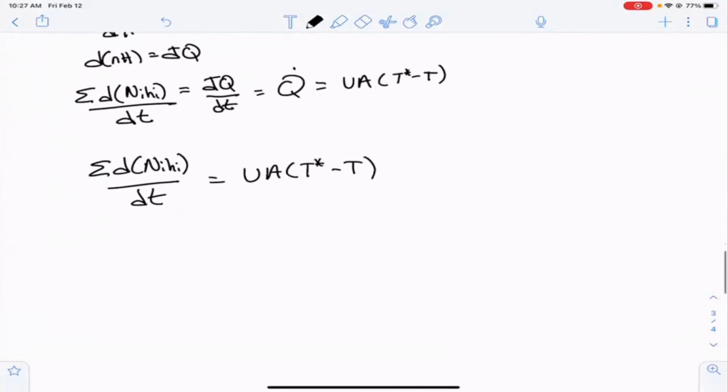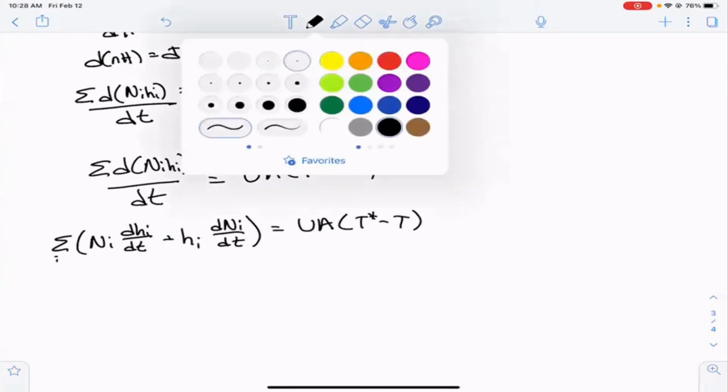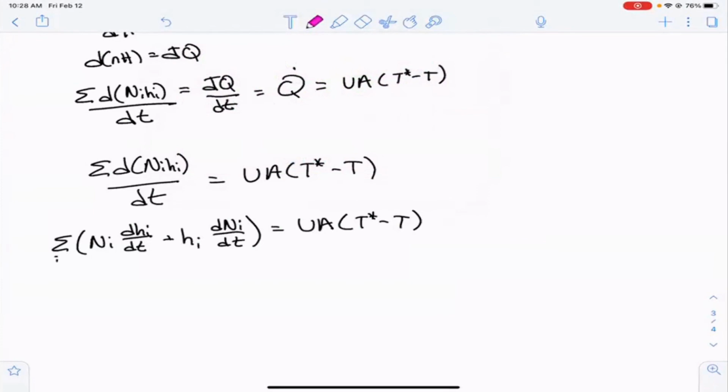Okay. So our next step here is that we're going to use the product rule, and we know then that that's just the sum over i of Ni dHi/dt plus Hi times dNi/dt is equal to UA times T star minus T. And these expressions hopefully look familiar because we also tackled them when we were looking at the PFR.